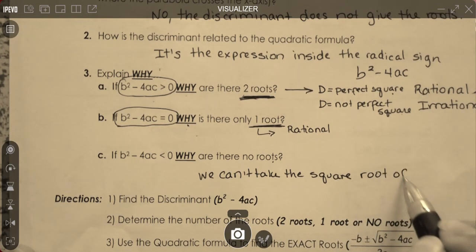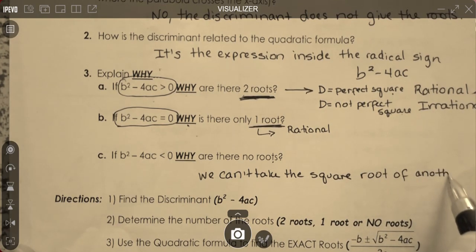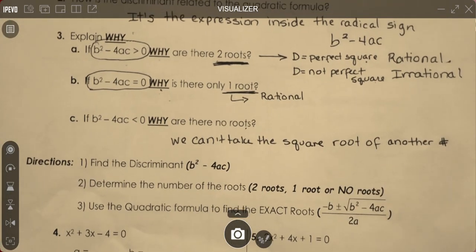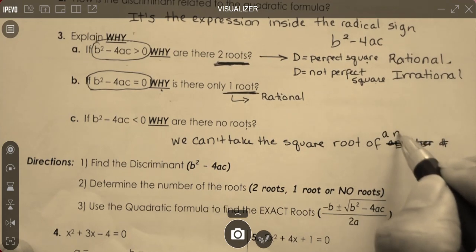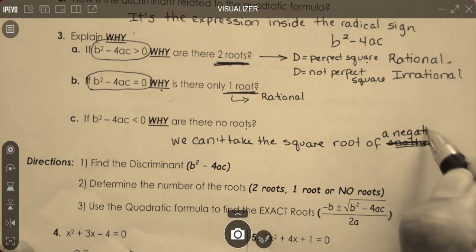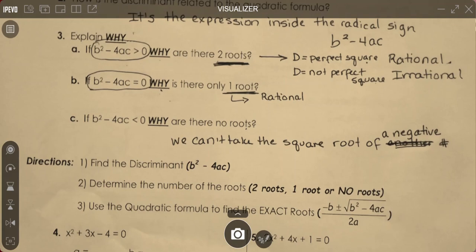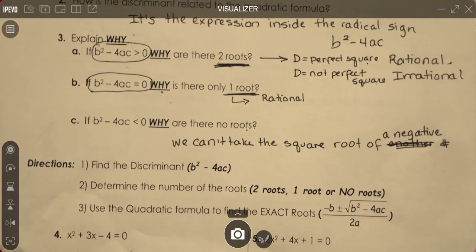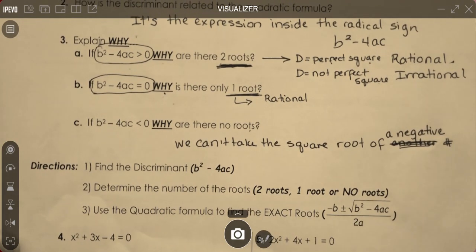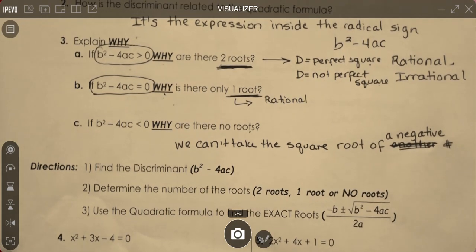So that's why if the discriminant is negative, there are no roots. That's when we don't touch the x-axis. Remember that? The parabola doesn't drop low enough to intersect or touch the x-axis.